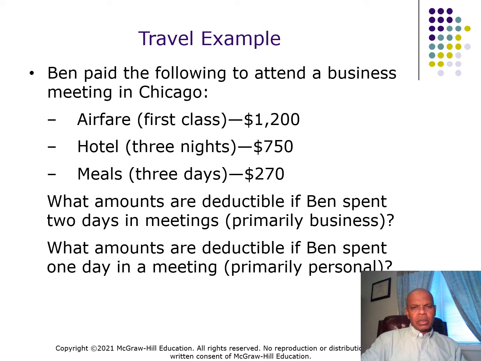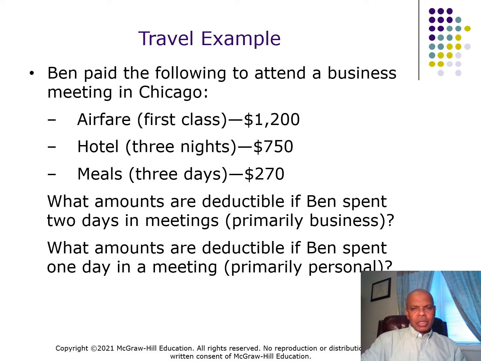He can deduct meals, usually 50%. So $270 is for 3 days, that's $90 a day, correct? So for 2 days, half of that is 45 times 2, $90, deductible if it's primarily business.